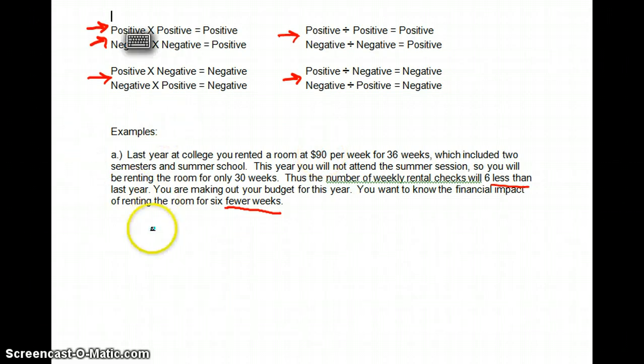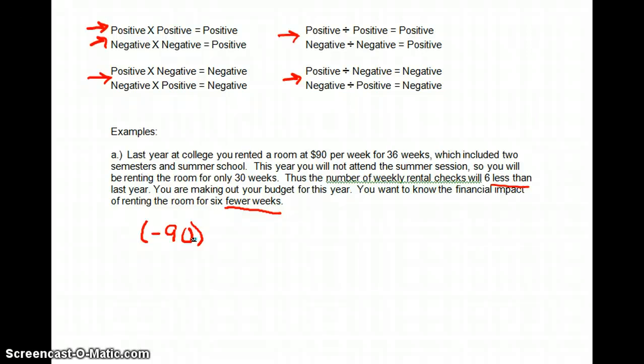When you make a purchase or write a check, that comes out of your checking account as a negative, doesn't it? So the $90 that we pay is a negative 90 because it's leaving our hands. It is a purchase.